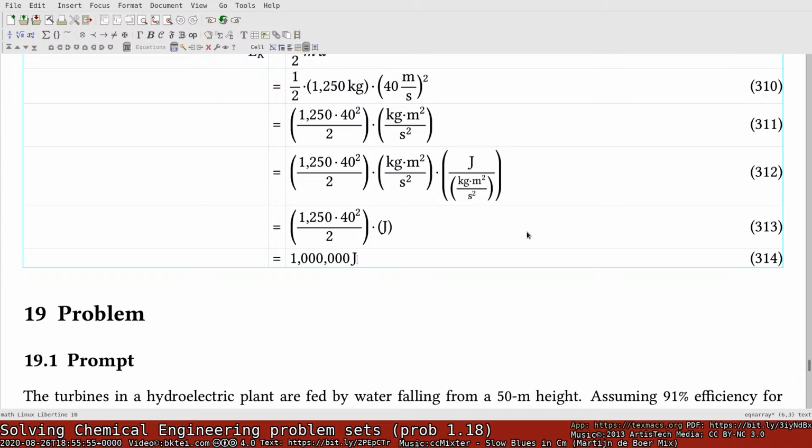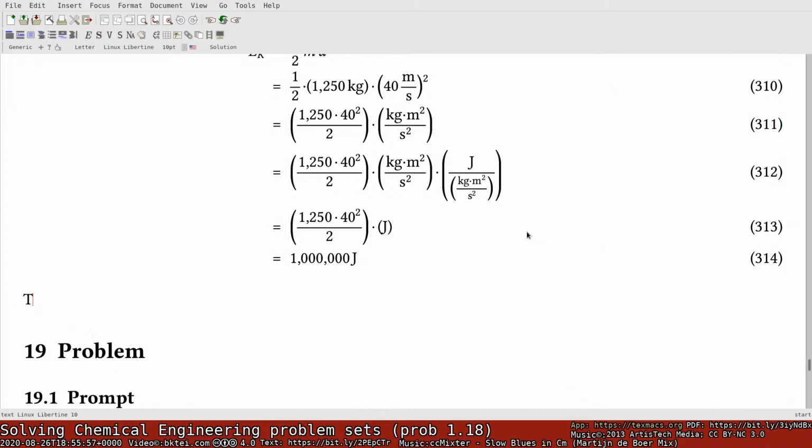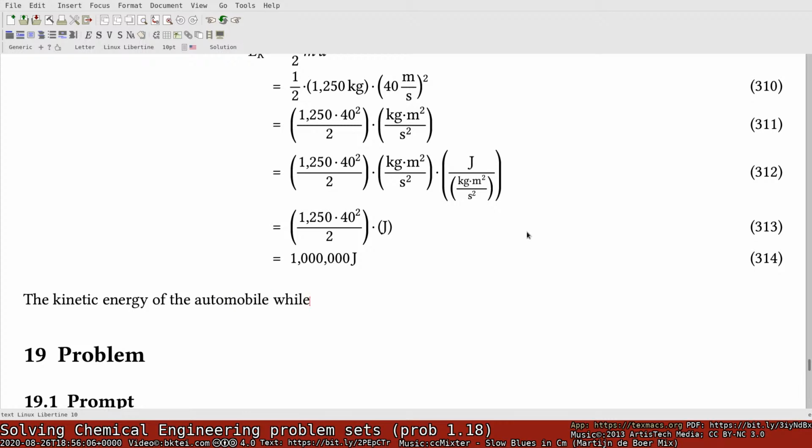The kinetic energy of the moving automobile is 1,000,000 joules.